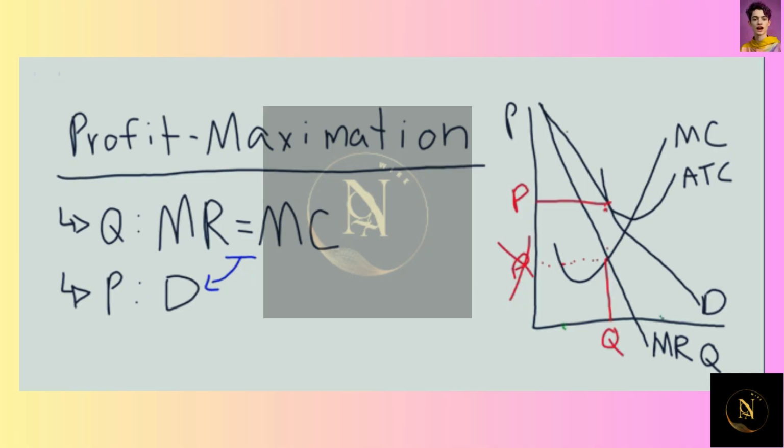A quantity right here, we're going to charge this price. So from that we can get to this conclusion that our demand curve actually represents our price curve. So that's going to be our first step in trying to establish some kind of connection between price and marginal cost. We're going to say one, that our demand curve is actually equal to our price curve.